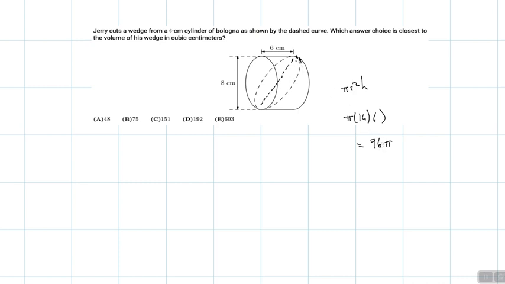It looks like he just straight cut it in half here. So the volume of the wedge, I would think, would be 96 pi divided by 2. Oh, wait.